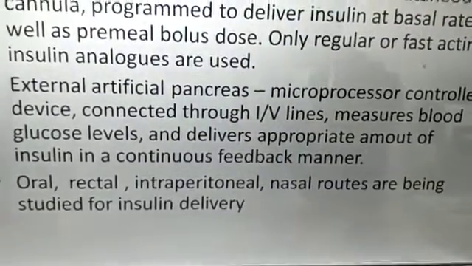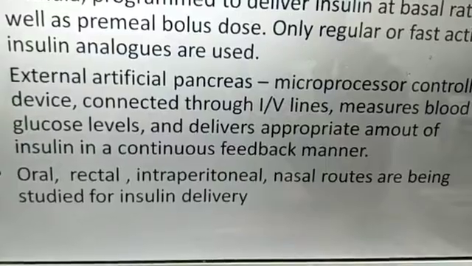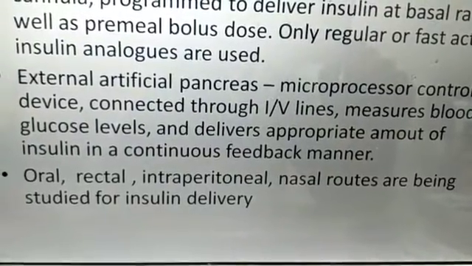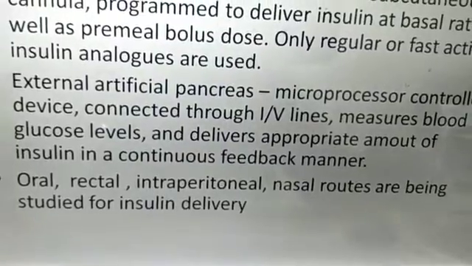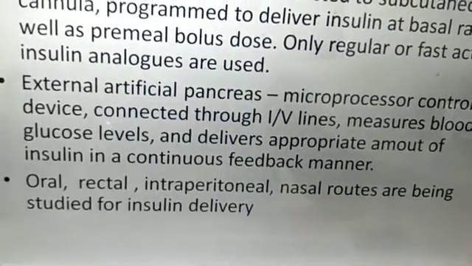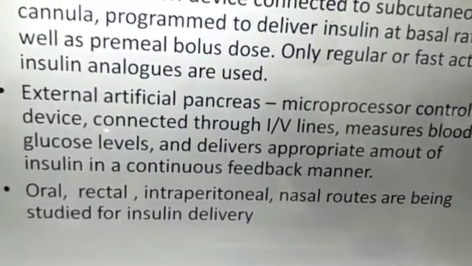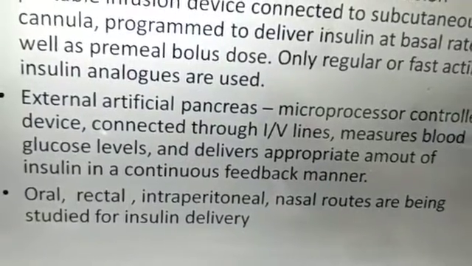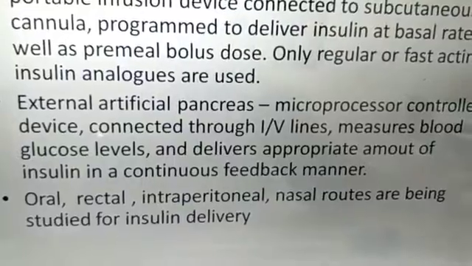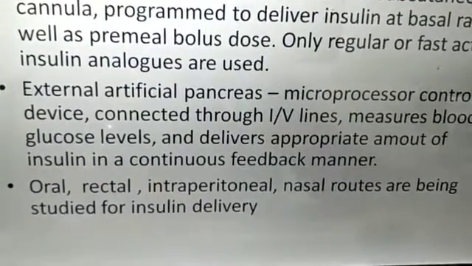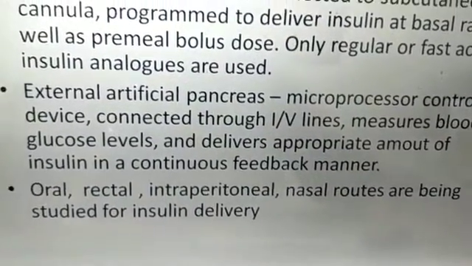For improving the convenience of the patients using these insulins, oral route, rectal route, intraperitoneal and intranasal routes, they are also being studied, and there are efforts being put and research going on to make some delivery devices which can give insulin by these routes.